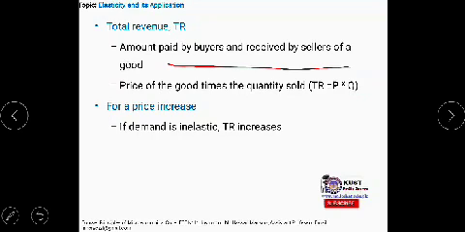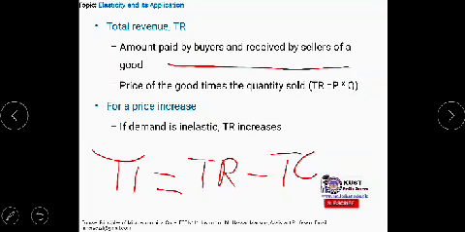So we can write the profit as pi equals total revenues minus total cost, where pi is the profit. In both ways, the firms can maximize the profit.